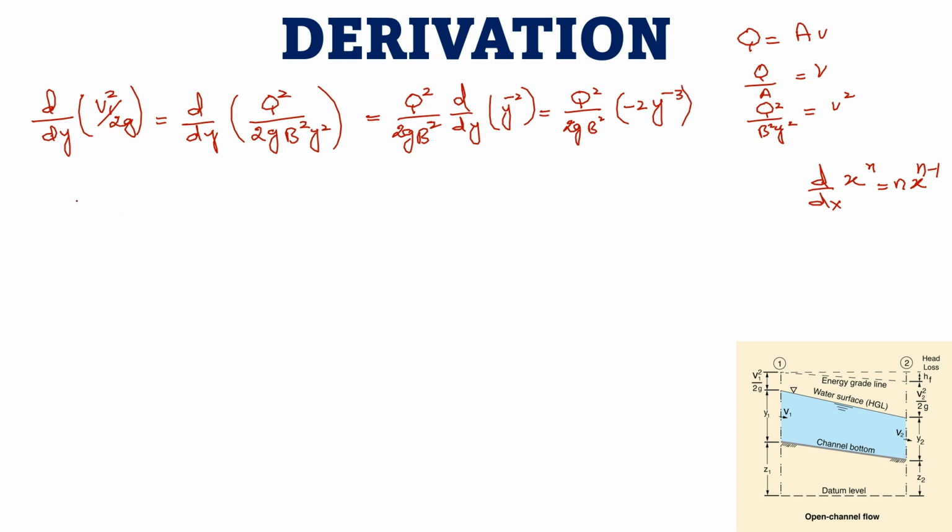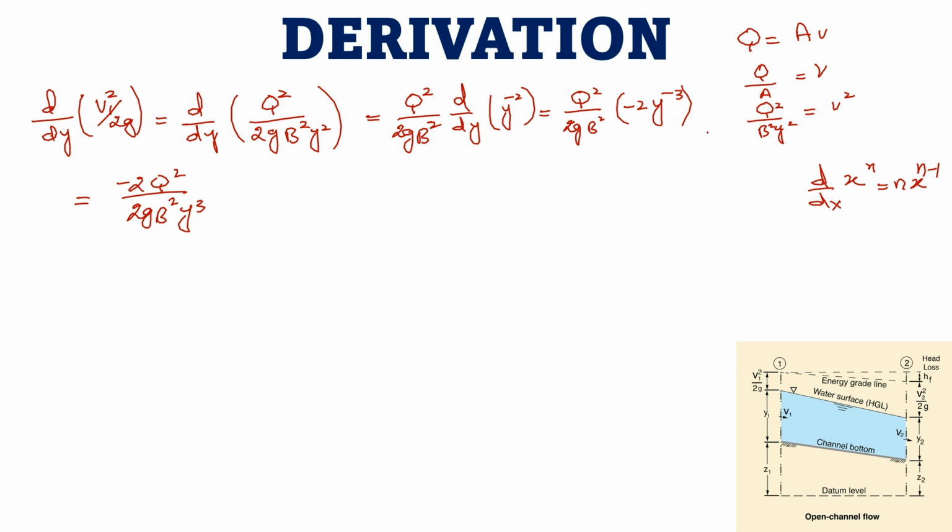So if we again simplify this part, after solving, it will be minus 2Q square over 2gB square and y cube. This y was shifted to upper side just to take the derivative. When derivative is taken, we will again shift it to the denominator.